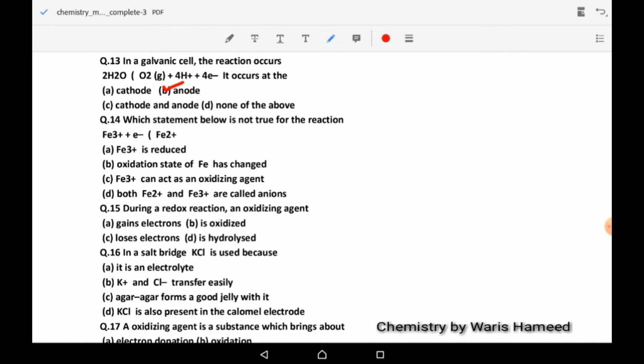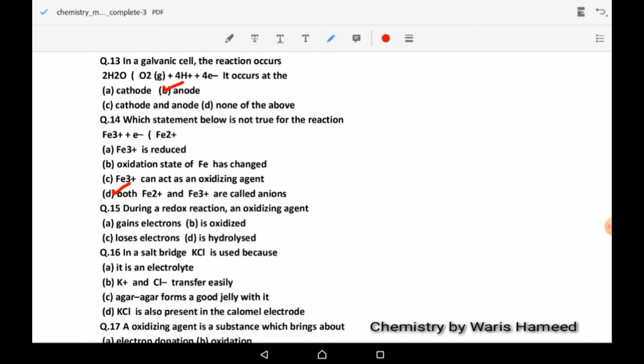Fe plus 3 can act as oxidizing agent. It is also true because it can gain electrons and will oxidize the other atom. D, both Fe plus 2 and Fe plus 3 are called anions. It is wrong because these are cations. So D is the wrong statement.